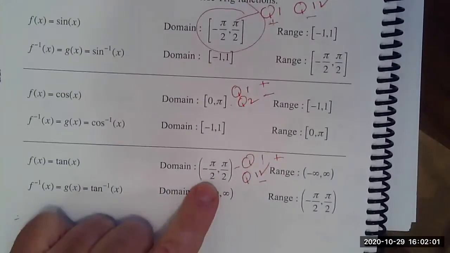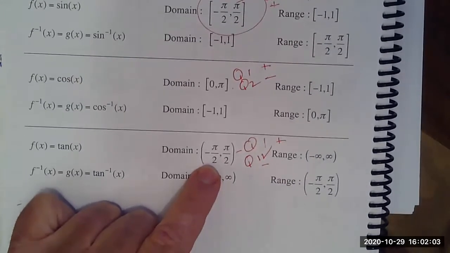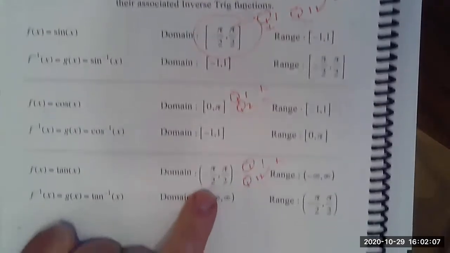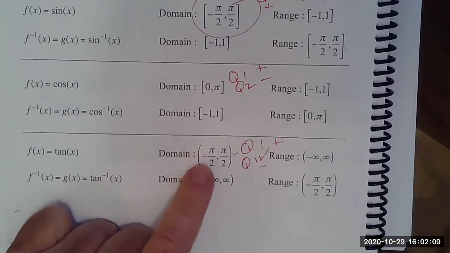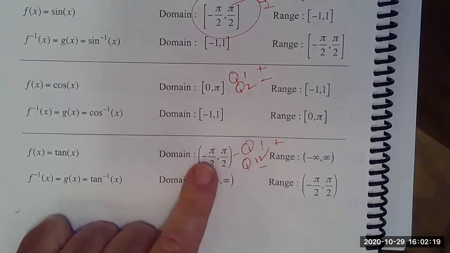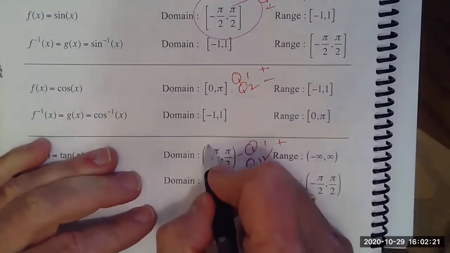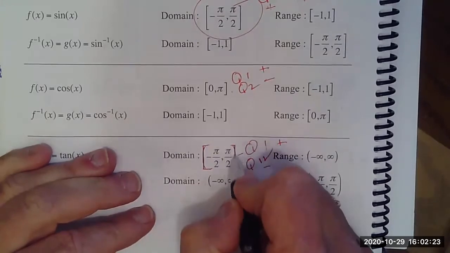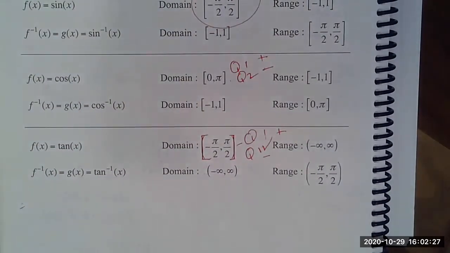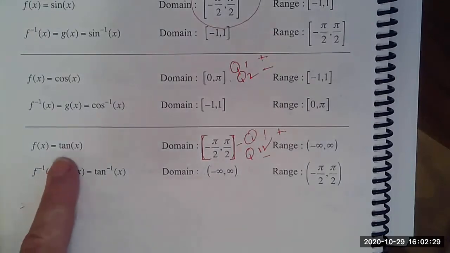Now, why are those parentheses and not brackets right here? Anybody have an idea? They're not included. Why are they not included? Okay, let's say we include it. What's the problem with that? That means you're including tangent of pi over 2.